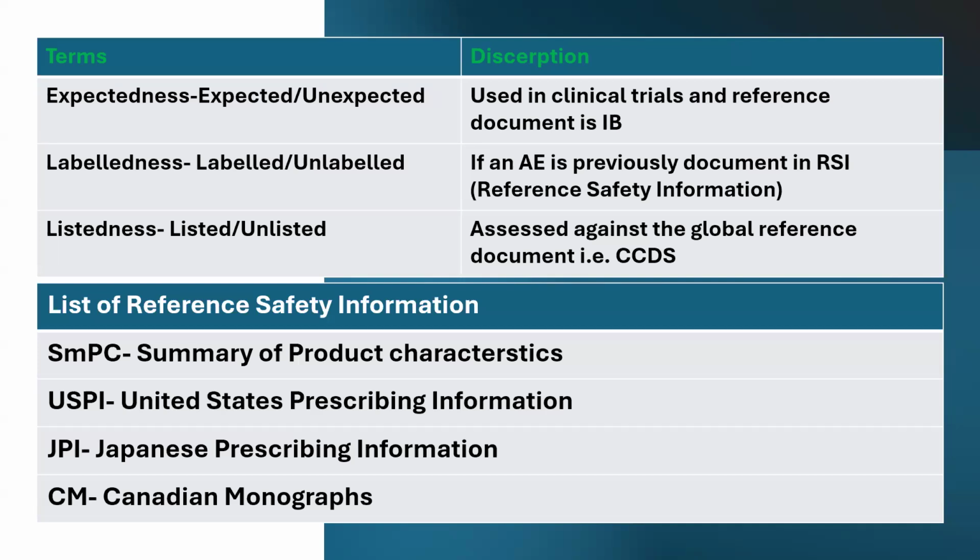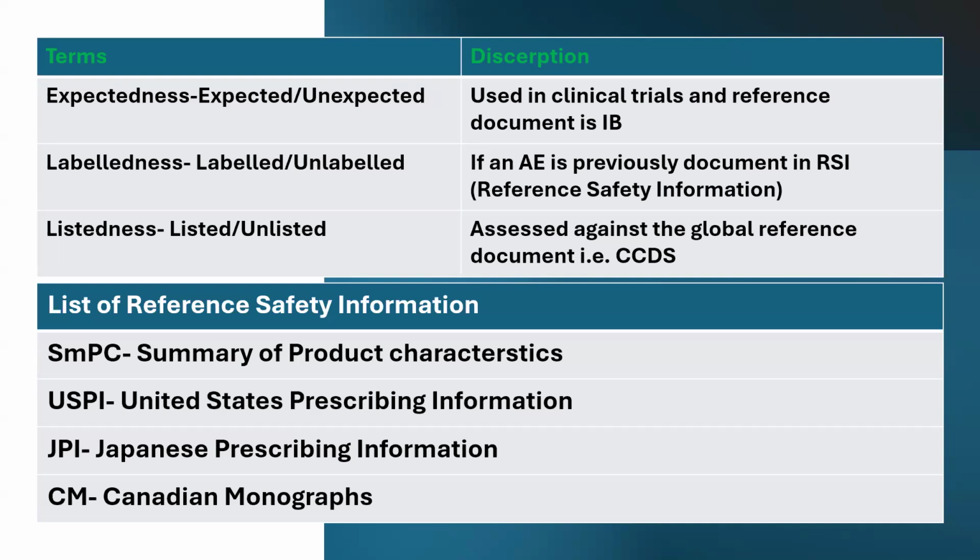The RSI is the reference standard document which is always required by the manufacturer, and this document is always with the manufacturer. Why with the manufacturer?